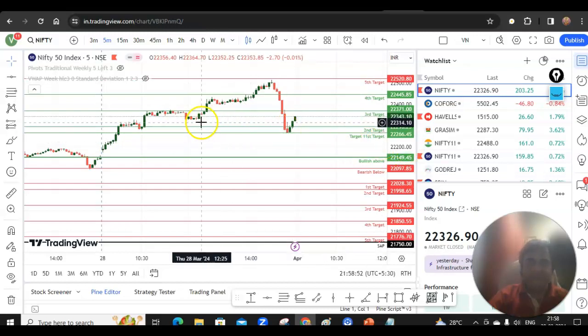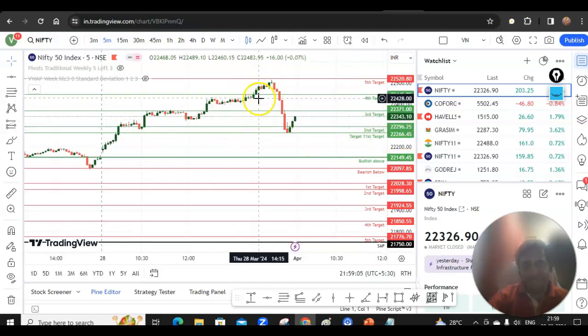And similarly, when third target is achieved on closing basis, you move your stop loss on 22,296.25, that is second target. And fourth is achieved, you move your stop loss to 22,448. So this way you can trail your profit and you can go on locking profits.